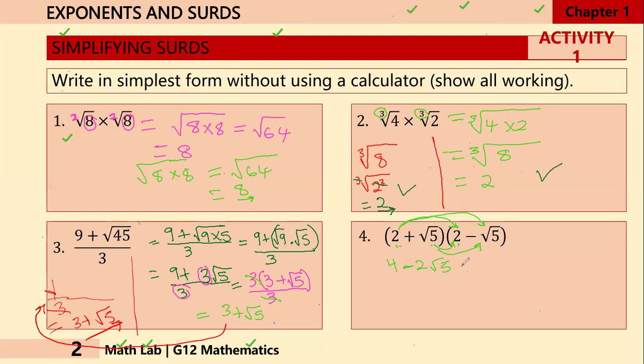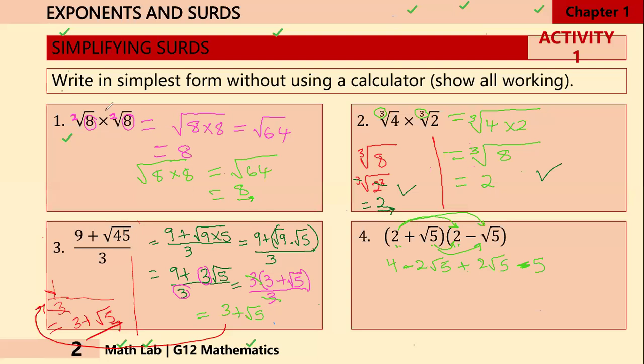And then plus 2 multiplied by root 5 is going to give us positive 2 root 5. And then you should remember, guys, root 5 multiplied by root 5 is going to give us, sorry, negative 5.